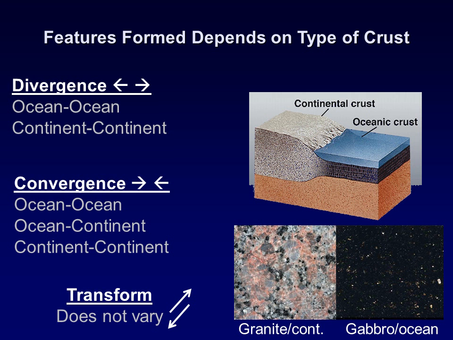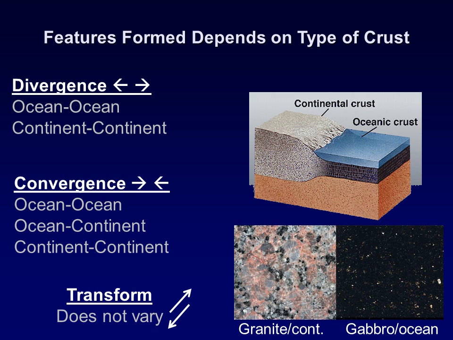Building on the information from that table, depending on the type of crust that's at these boundaries, you can end up with different types of features. So for the divergent boundaries, where the plates are moving apart, if we have an oceanic plate moving away from another oceanic plate, or you can think of it basically as the oceanic plate is splitting and opening up, this gives us a mid-ocean ridge.